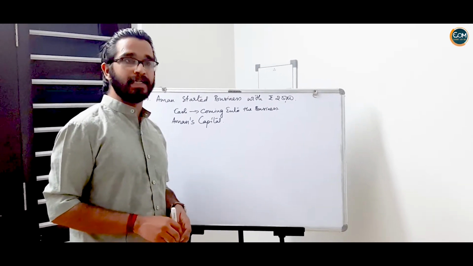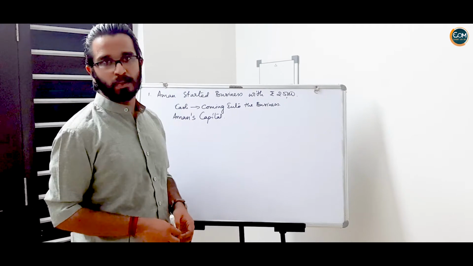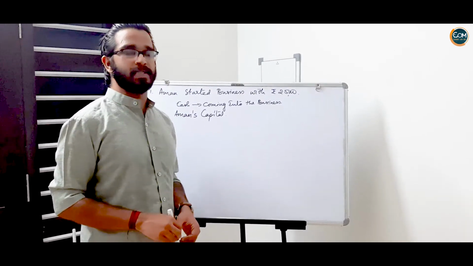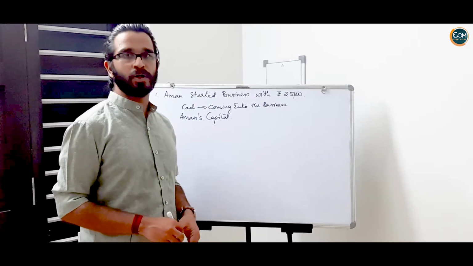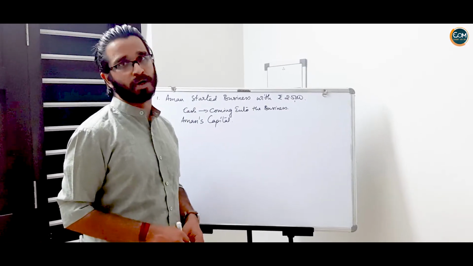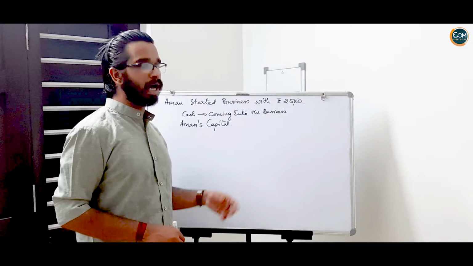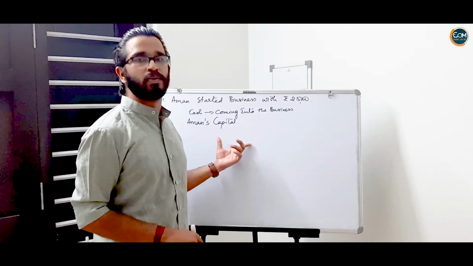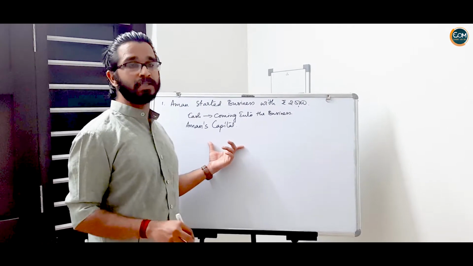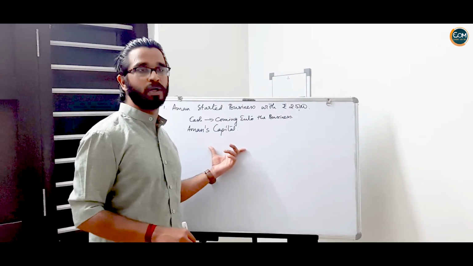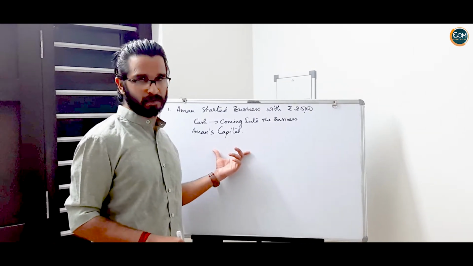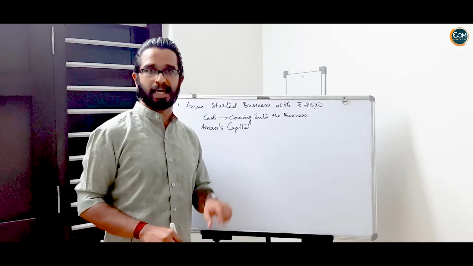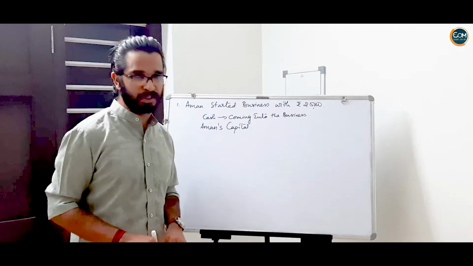One is insider liability and the other one is outsider's liability. An insider liability is the liability of the owner of the company, which is otherwise known as capital. So here, Aman being the owner of the company, the company's liability towards Aman will be shown as capital. So the transaction will have two items, one is cash and the other one is capital.